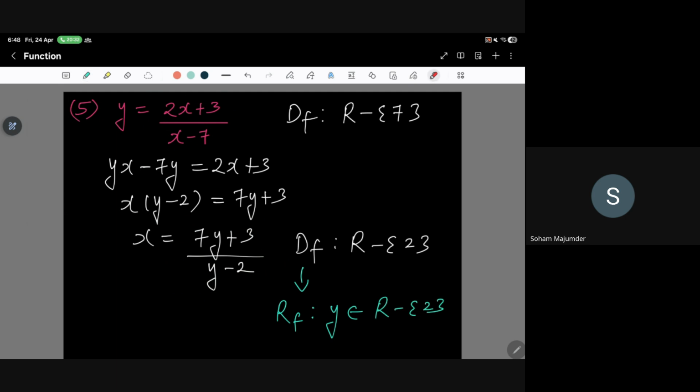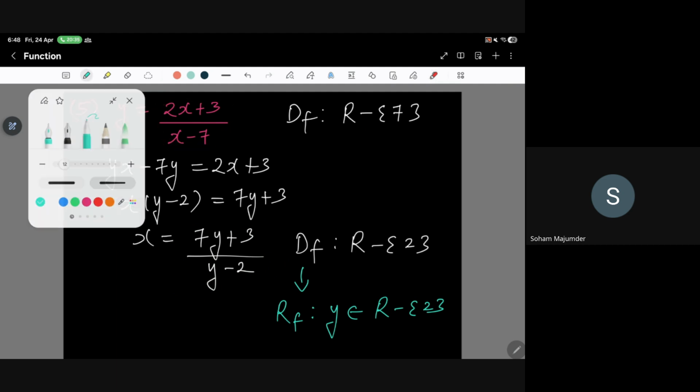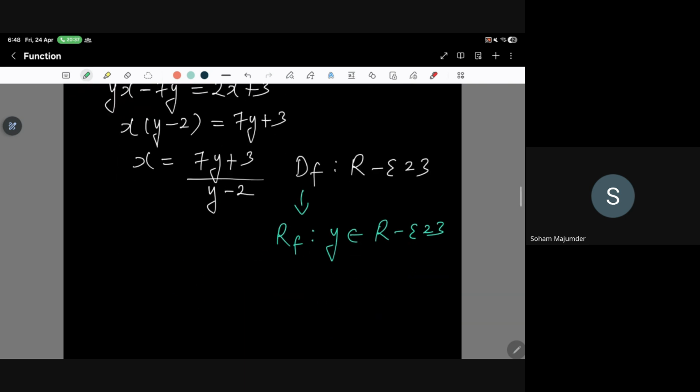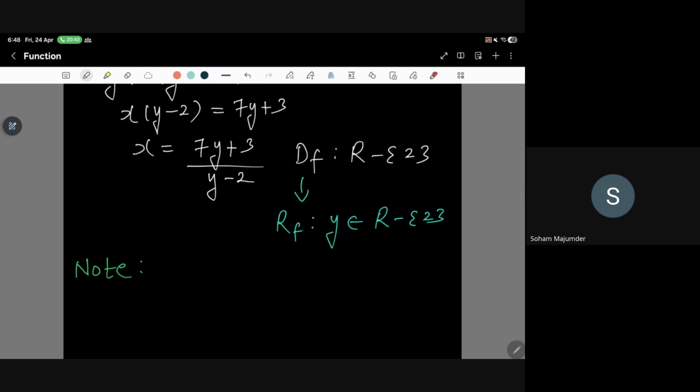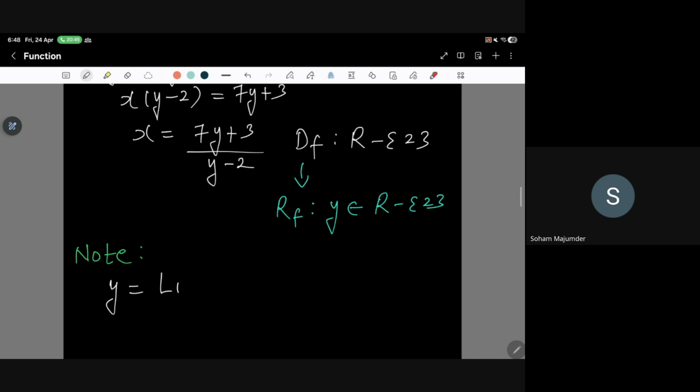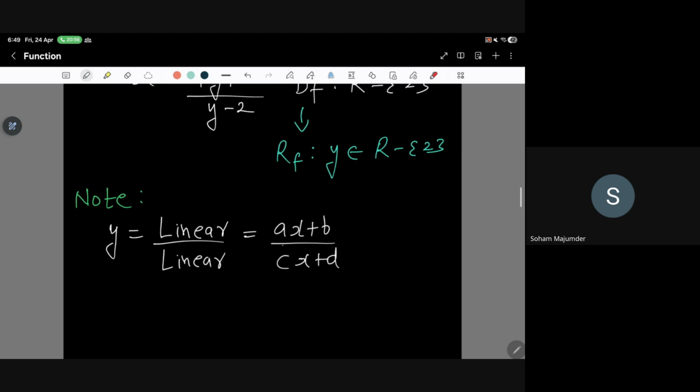Now for this particular type, linear upon linear, when your function is ax plus b upon cx plus d, the range of the function will be all real values except the coefficient of x in the numerator divided by the coefficient of x in the denominator.